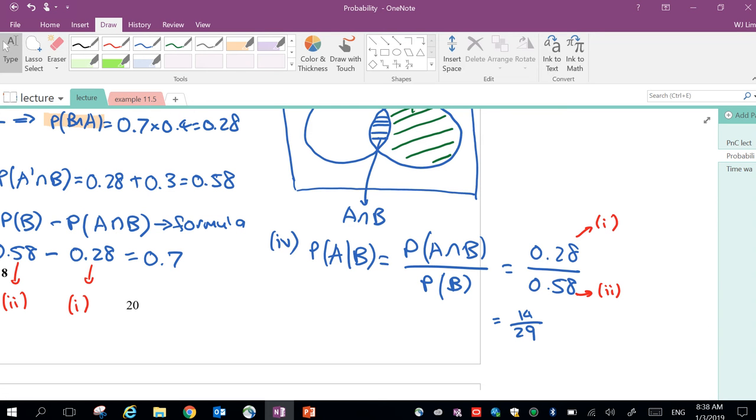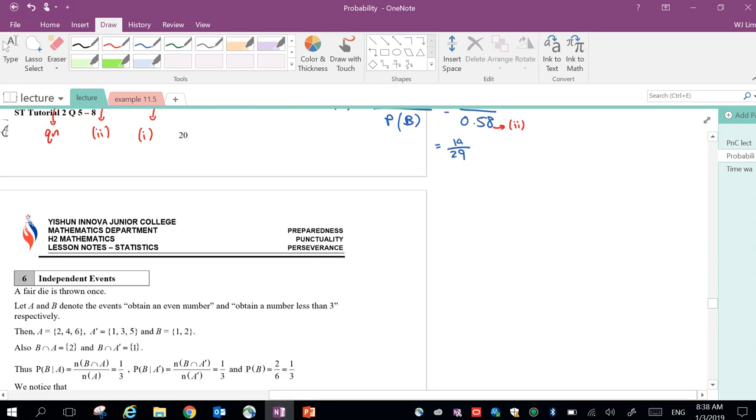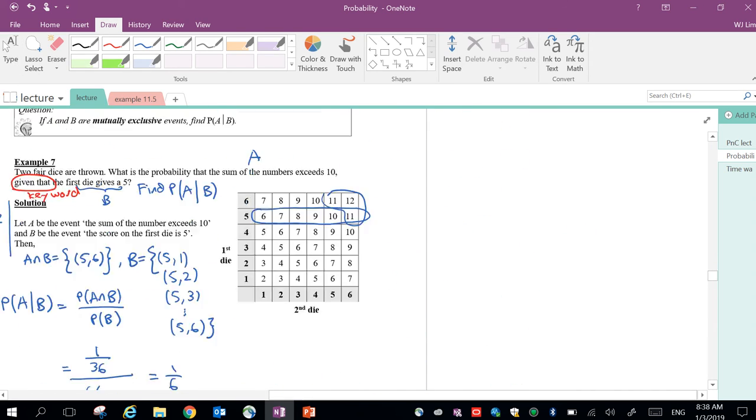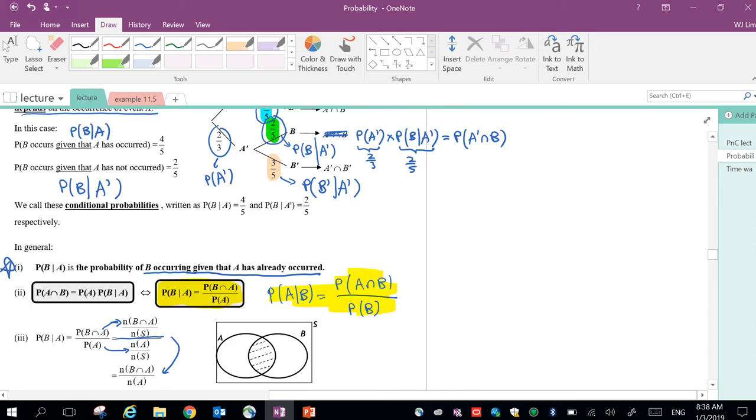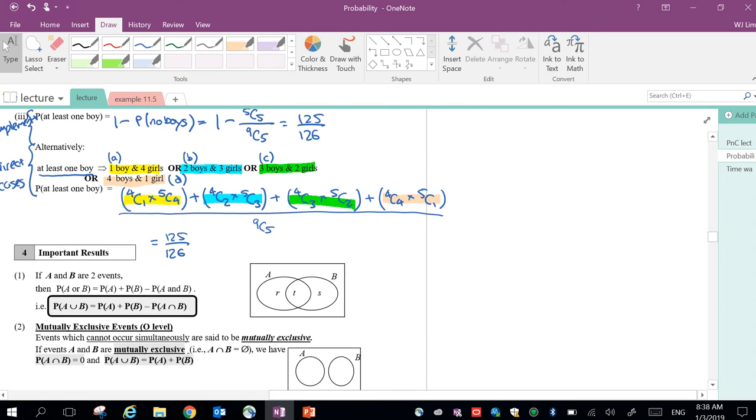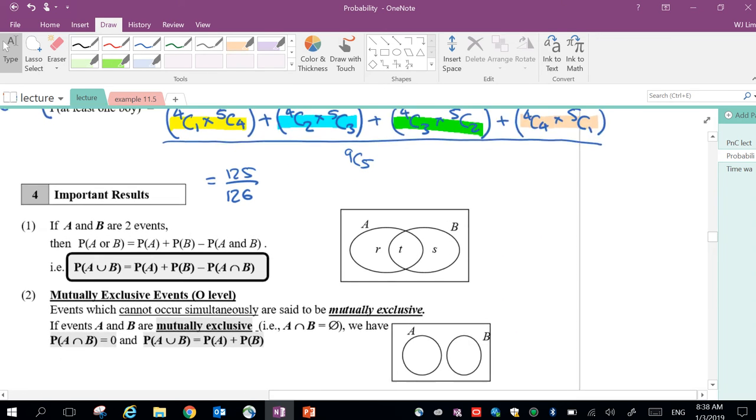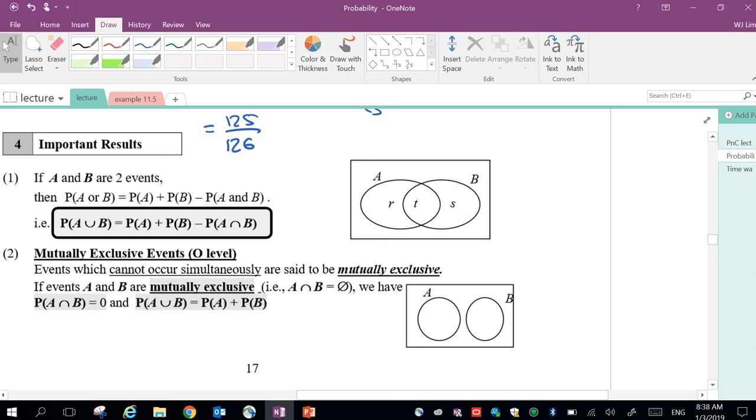I'll move back to section 4. I missed out that one part. Don't worry, it's a small section. Okay, section 4.